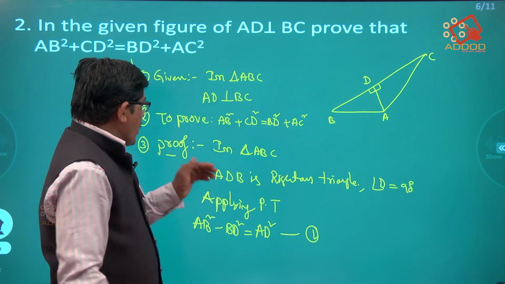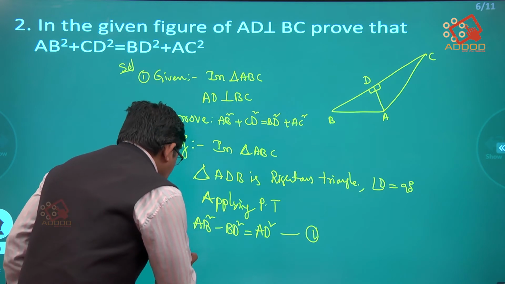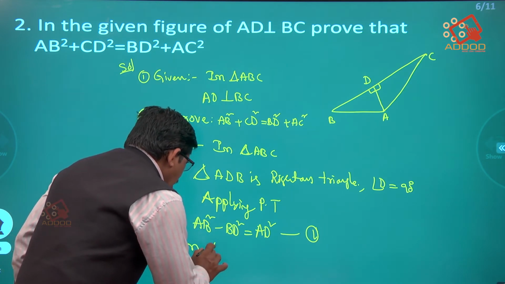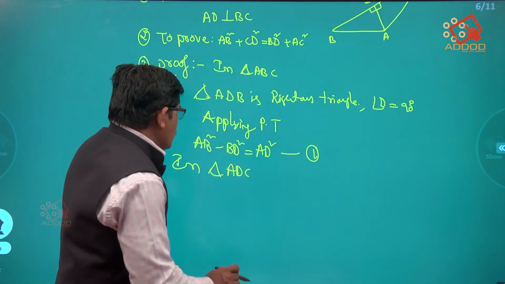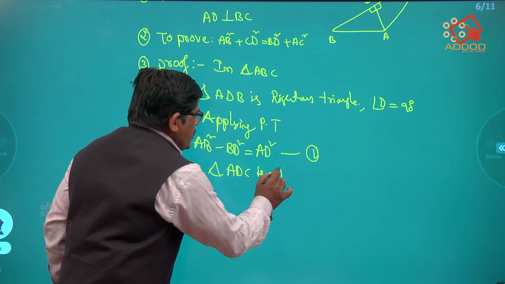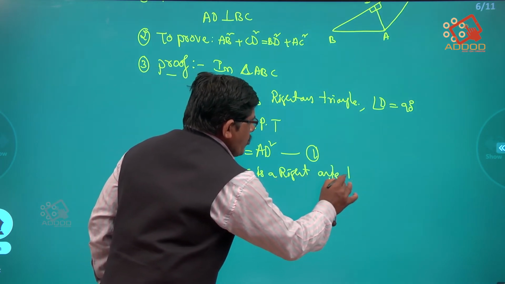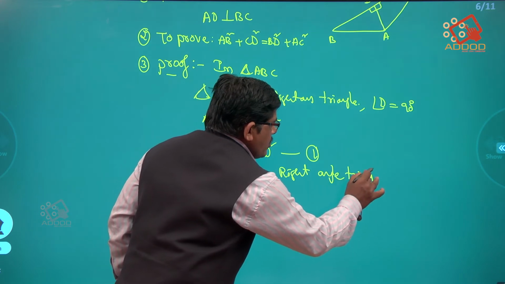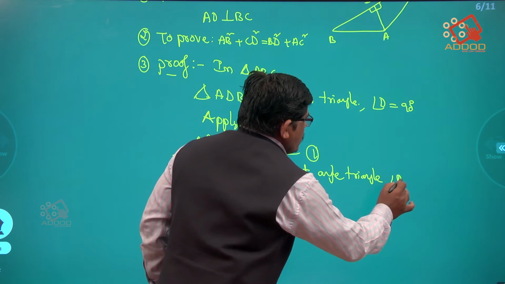Next, take another triangle, triangle ADC. Triangle ADC is a right angle triangle. Here angle D is equal to 90 degrees.